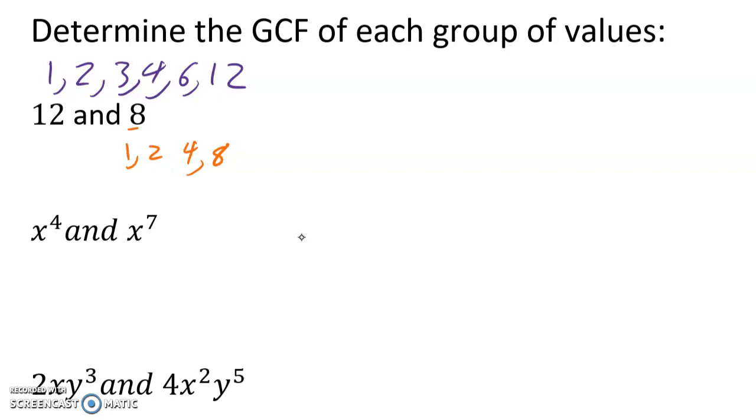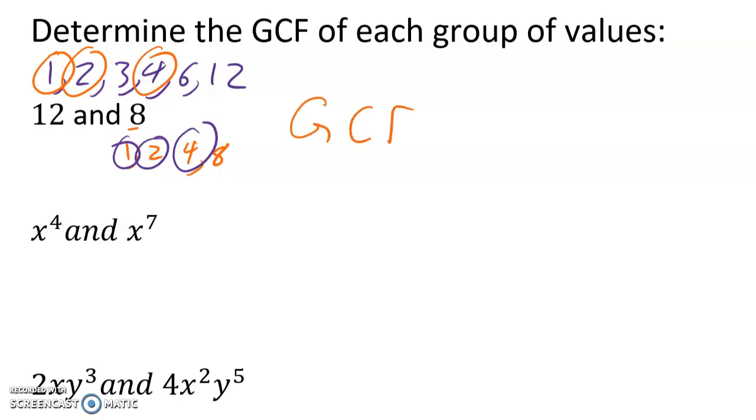That's all. Well, if I look at it now, between 12 and 8, the common factors are 1 and 2 and 4. Out of all those common factors, the greatest common factor is 4, the largest of the common factors.